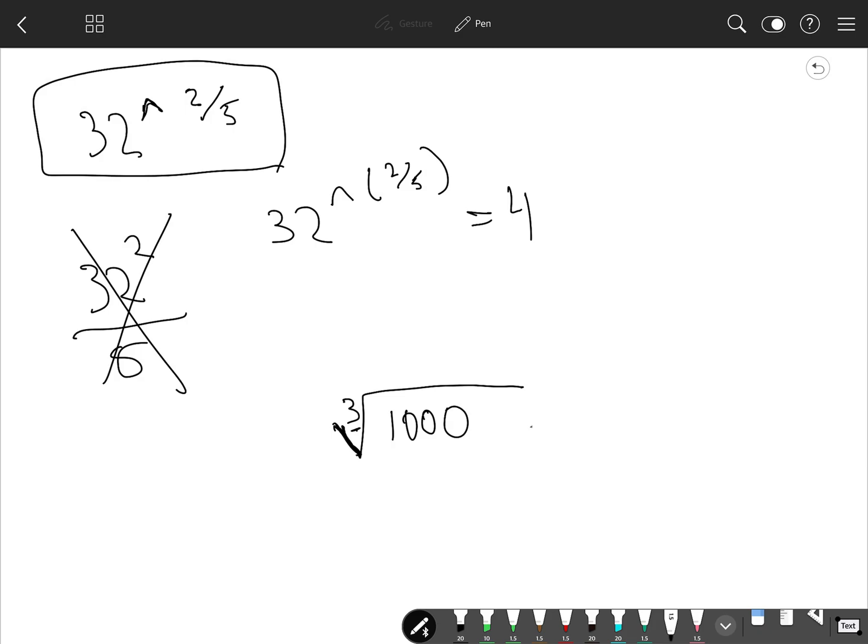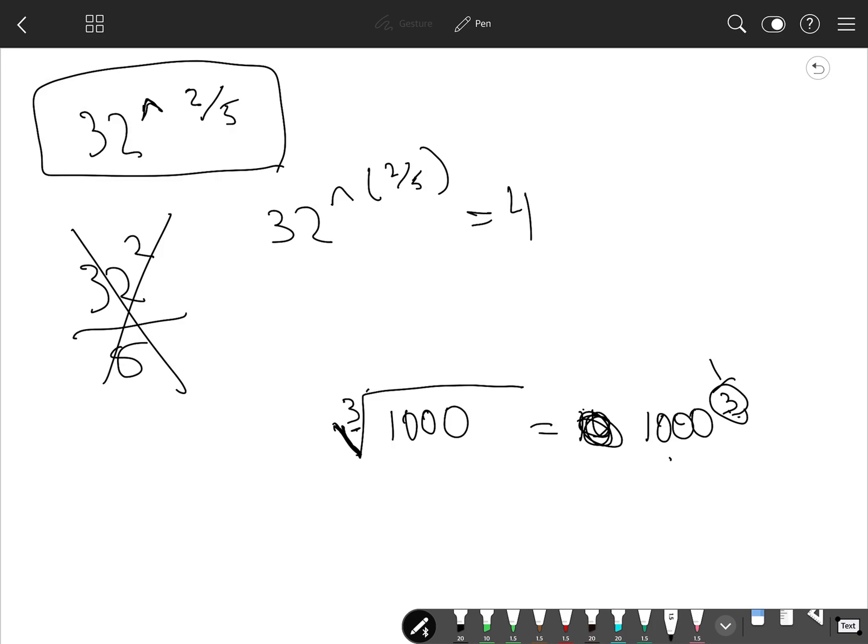And the answer is 10. If that's telling you that, it's kind of easy to see. Some of you may be able to see that this way. What number multiplied by itself 3 times is 1,000? That would be 10. Okay, so it kind of depends on which way is easiest for you to see.